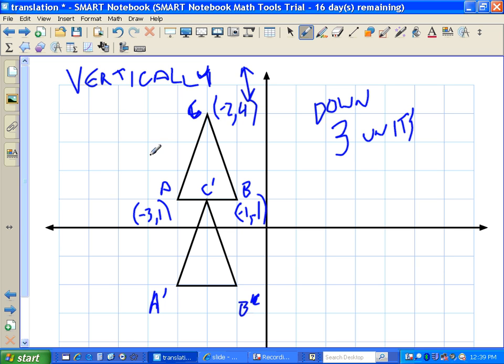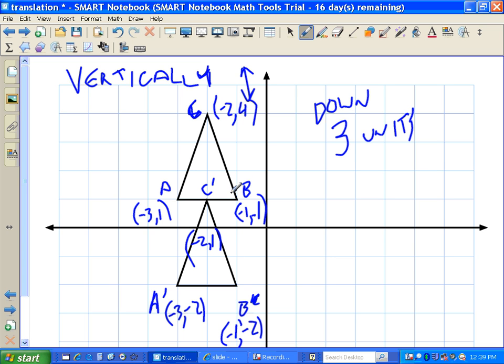For A primed, my x coordinate is the same, -3, and my y coordinate is down 3, at -2. For B primed, my x coordinate is the same, -1, and my y coordinate is down 1, 2, 3, at -2. For C primed, my x coordinate is the same, -2, and my y coordinate is down 3, which is at 1.